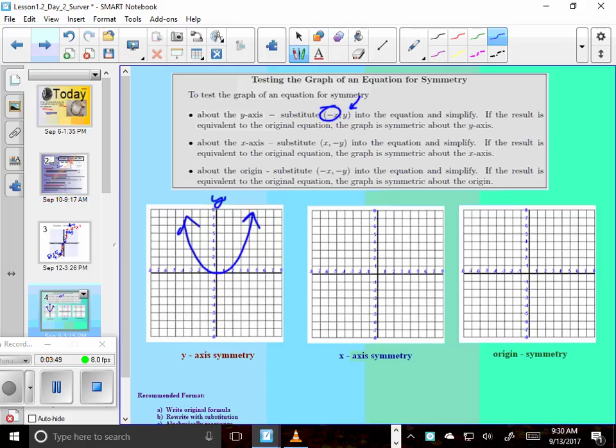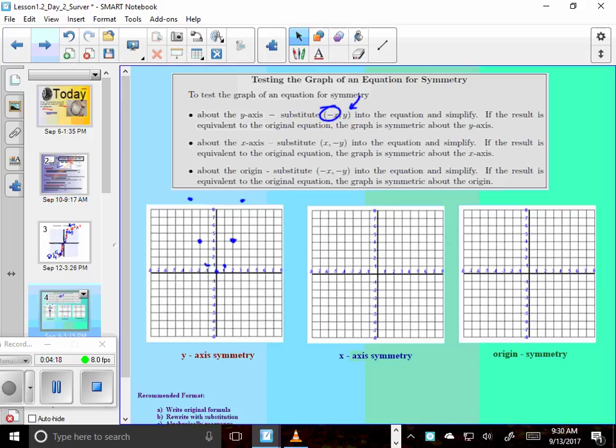Okay? And if I put in a number like, let's be specific here on points. If I go over 2, it would be up 4, 1, 1, 0, 0. Here's some specific points that are on that graph. I'll go one more, 3 and 9. Oh, that's slightly off the page, but there and there. Okay, so there's some points officially that have y-axis symmetry.